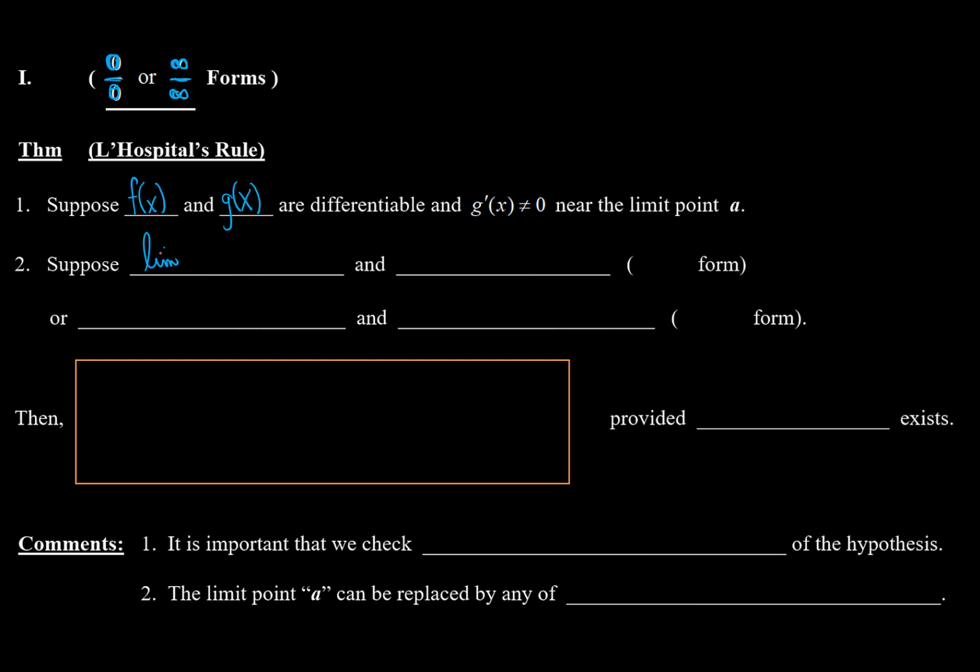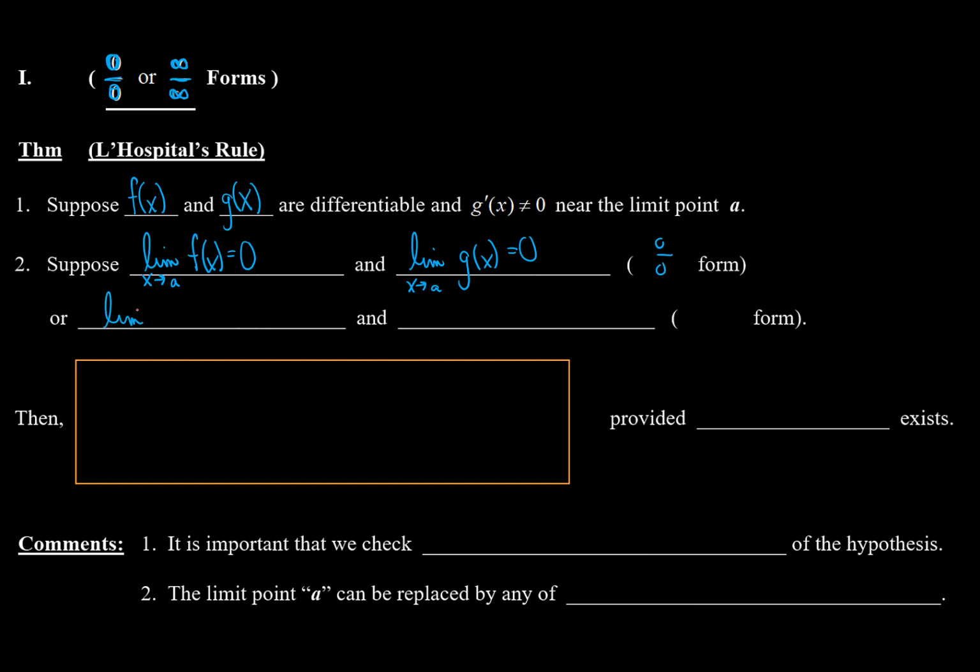So suppose that the limit as x approaches a of f of x equals 0, and the limit as x approaches a of g of x equals 0. In this case, we'd get 0 over 0 form.